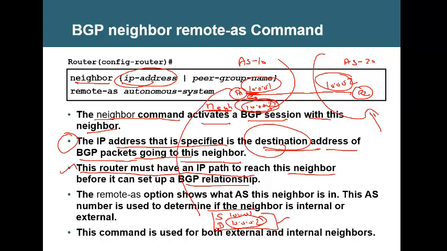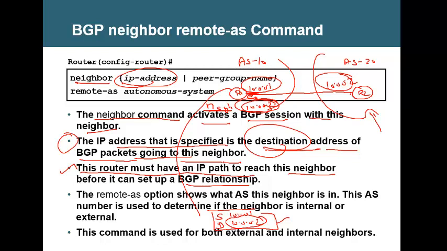Before forming the BGP relationship, it checks that IP path by sending a TCP packet. If the three-way handshake is successful, only then BGP packets will be sent, which means it first establishes a connection. Establishing a connection is possible only if you have an IP path.